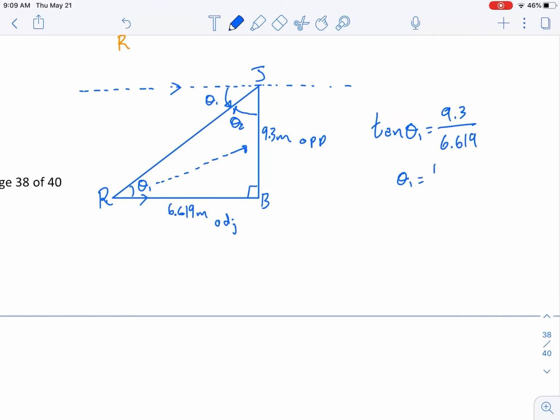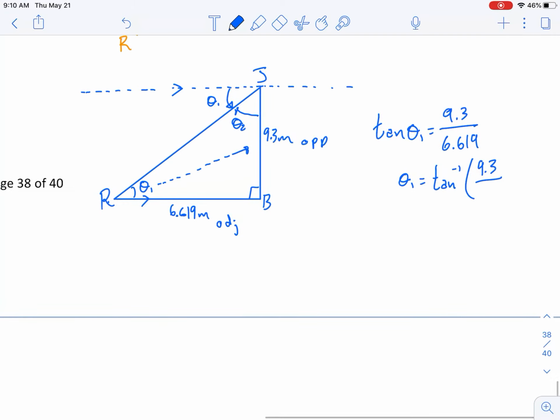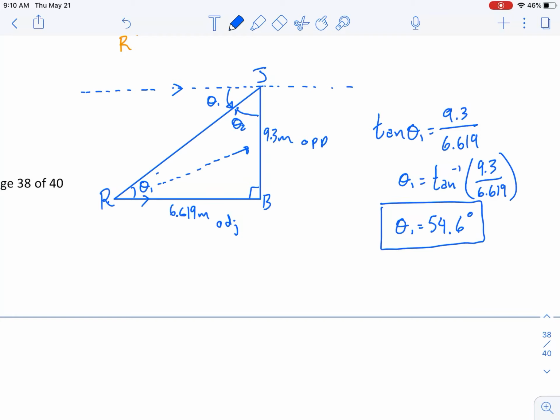Since you're trying to solve for an angle measurement, you need to take the inverse of that function to isolate for theta. So we've got the tangent inverse of 9.3 divided by 6.619. And we should get the answer of approximately 54.6 degrees. That would mean this is 54.6 degrees.